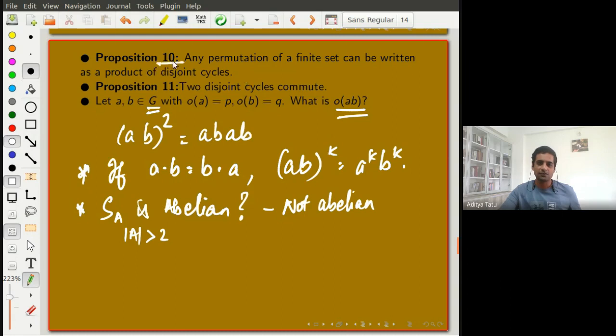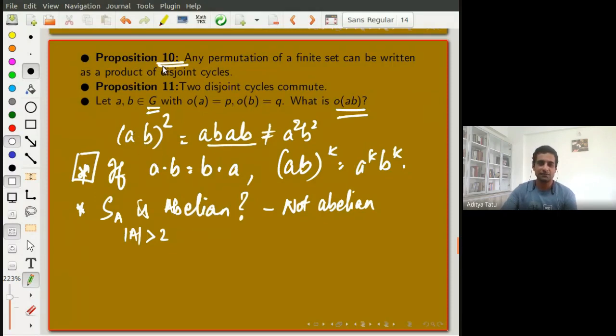Now, what does proposition 10 tell us? If I give you a permutation and I ask you to find its order, then as this result says, if A and B do not commute, it is going to be a very difficult task to find the order, simply because you cannot write this as A squared B squared. But if A and B commute, then computing the order of AB is easy.